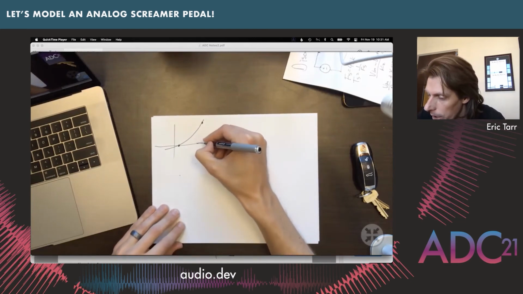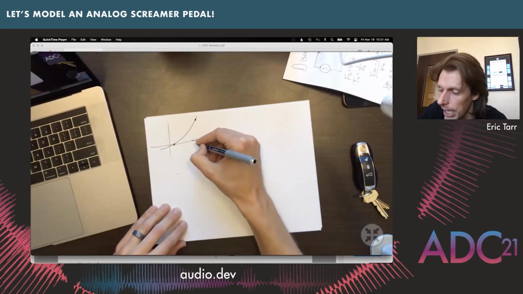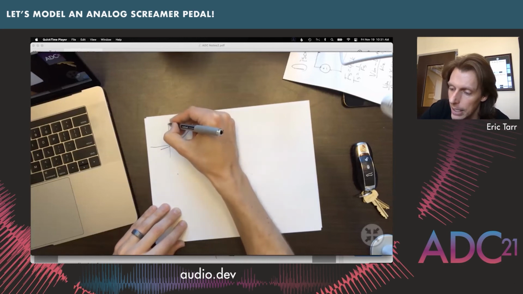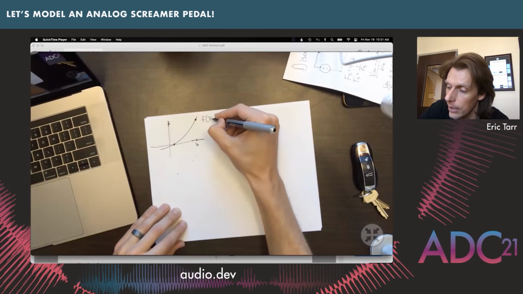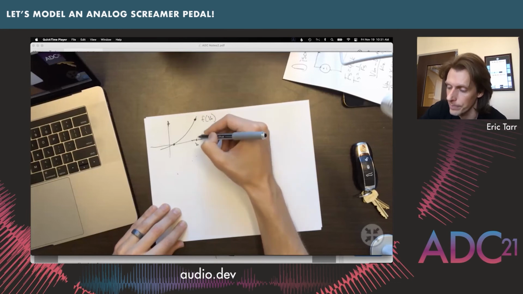So here's what we're going to work with. We have some guess, let's call this V out, okay? And then we have the value, which is going to be the function at the point for V out. This is our nonlinear function that we get a value for when we plug in V out.